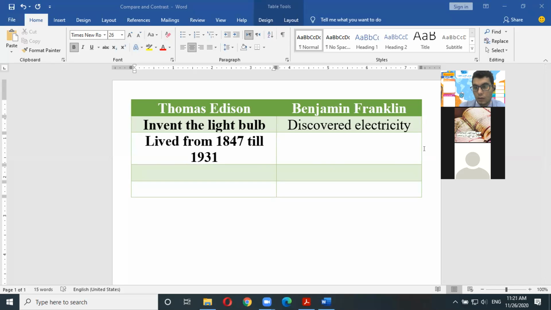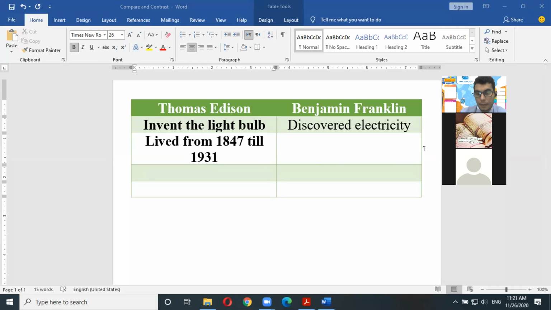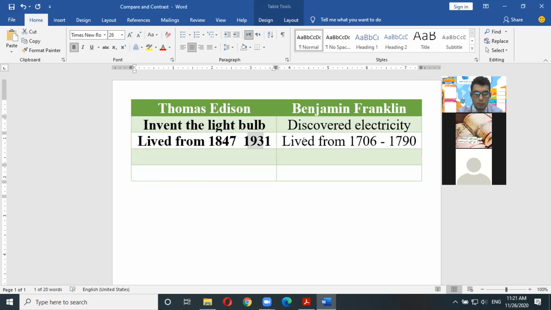Okay, but Benjamin Franklin lived from 1706 till 1790. Very good. Let's remove till. Hopefully it will shorten the space. Yes, amazing. Very good. Thank you very much, Asif.